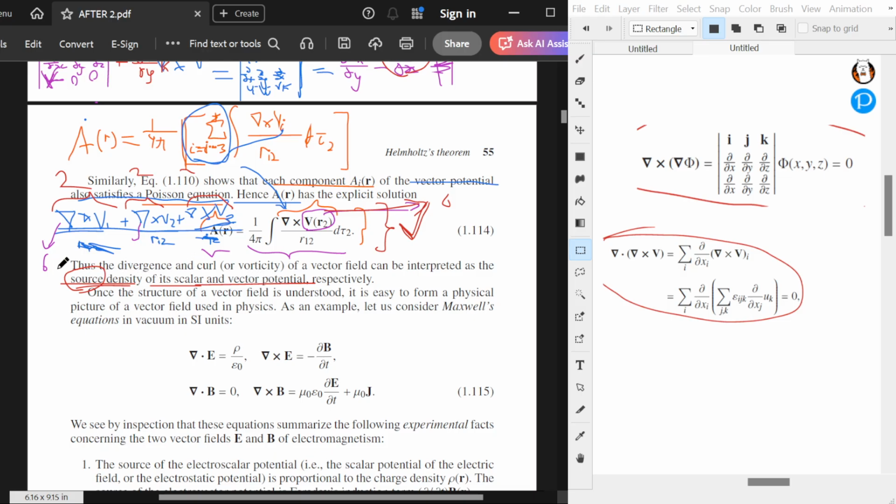So the scalar is the source and the vector is the source, is how I'm reading this.